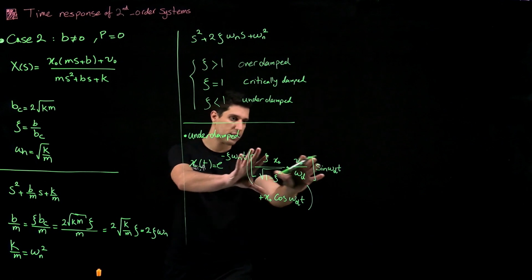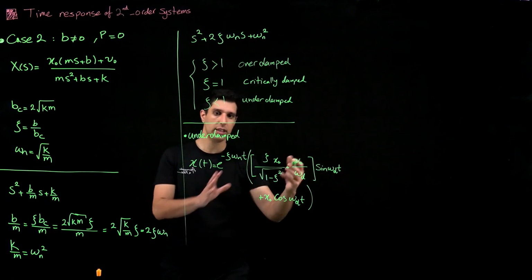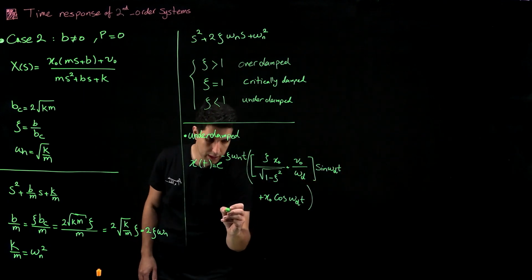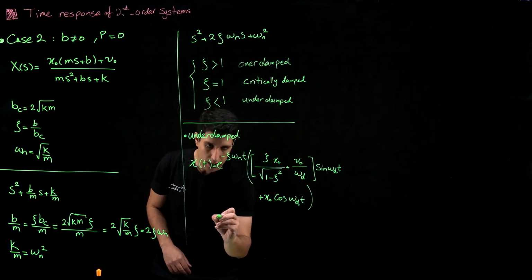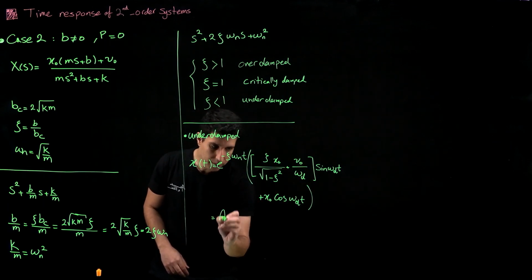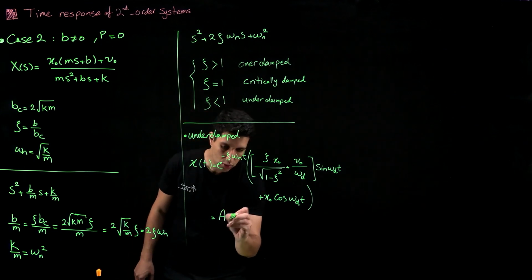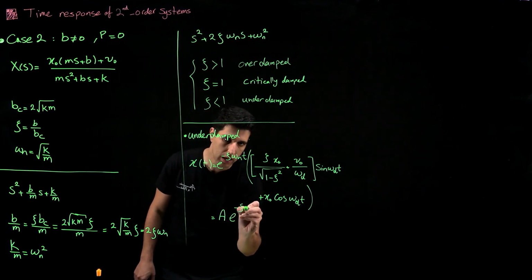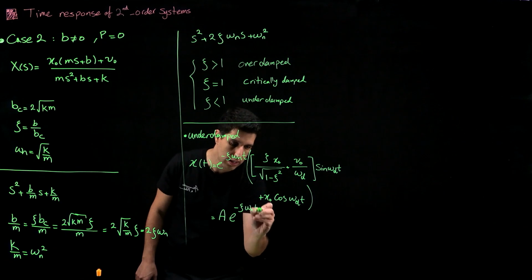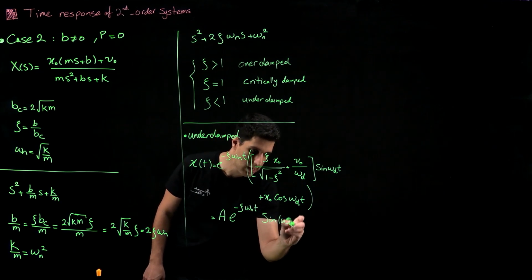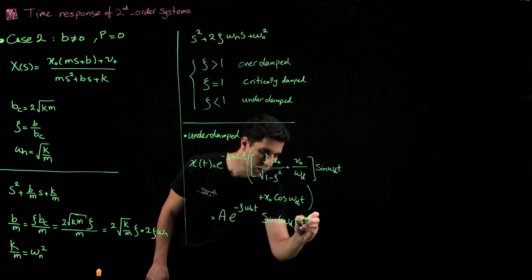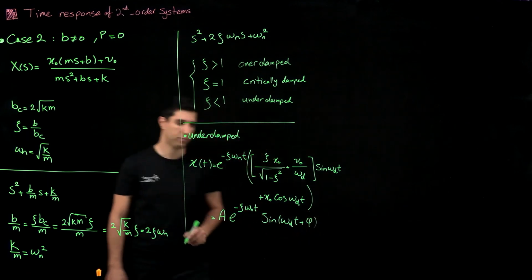And this is a sine of omega t shifted with some phase. So all of this is going to be some constant A e to the minus zeta omega n t, times sine of omega d t plus some phi.